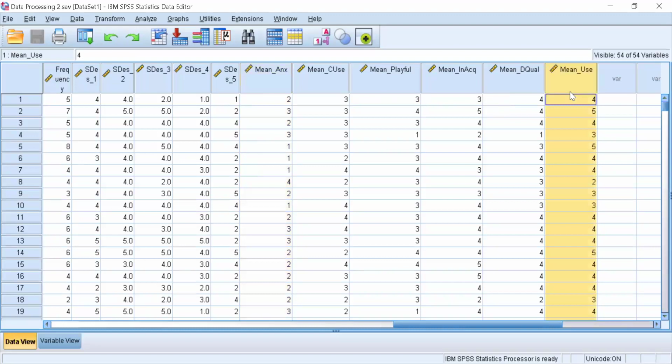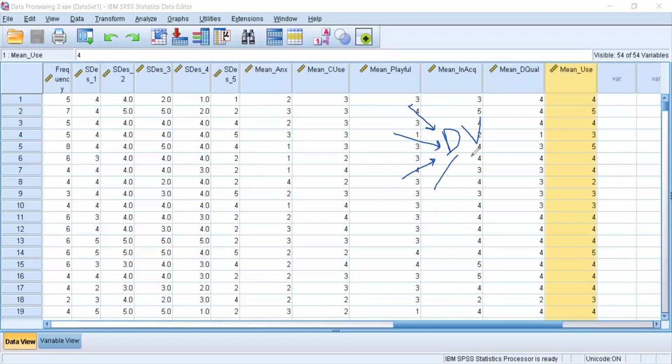Now when I have this clarity in mind, when I have this research structure in mind, wherein one dependent variable is being influenced by independent variables, right? I am clear about this.